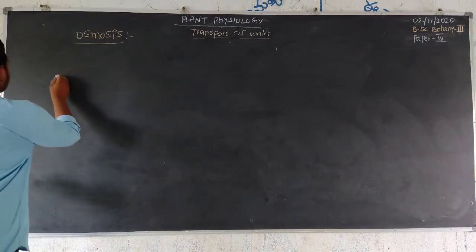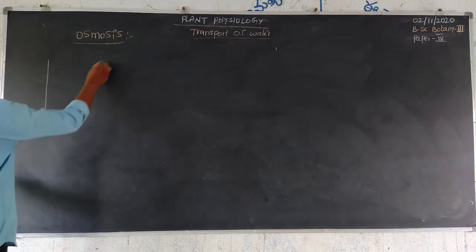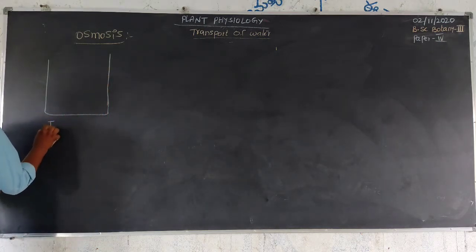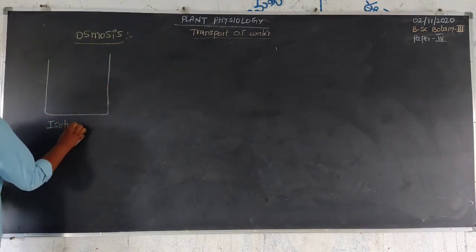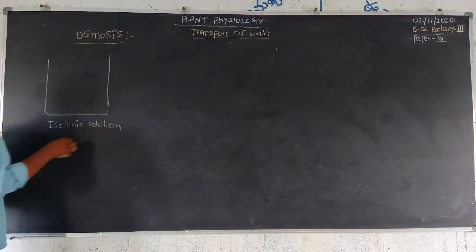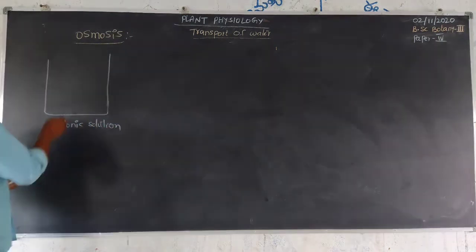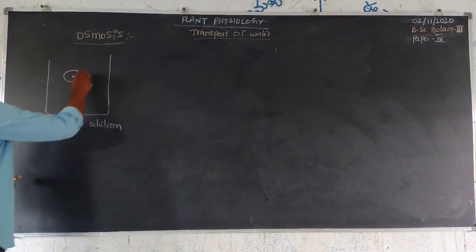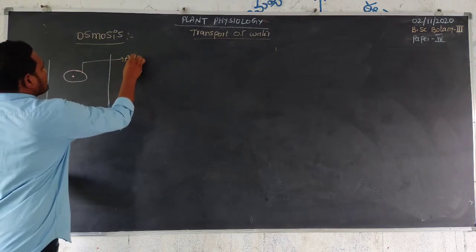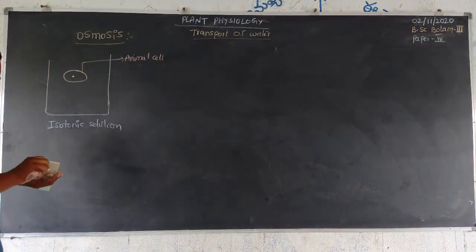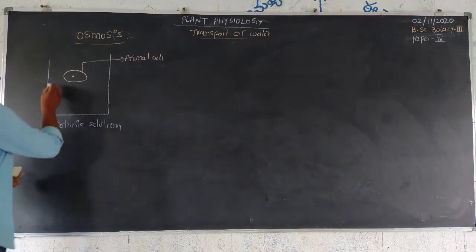Let's see. This is isotonic solution. In isotonic solution we keep one animal cell. This is the animal cell kept in isotonic solution.